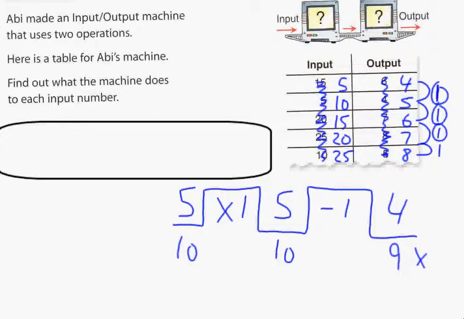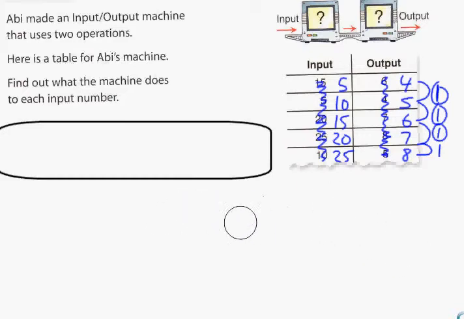So I'm going to start again, and I'm going to think, if I look at my inputs, I start at 5 and it goes up by 5 each time, and my outputs start at 4 and go up by 1 each time. So since my outputs are less than my inputs, that's a hint to me I'm probably going to use division or subtraction.